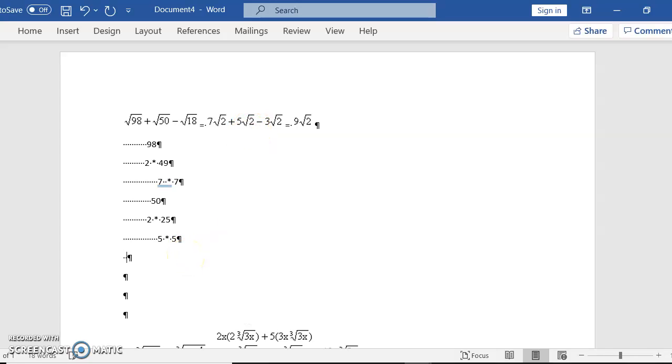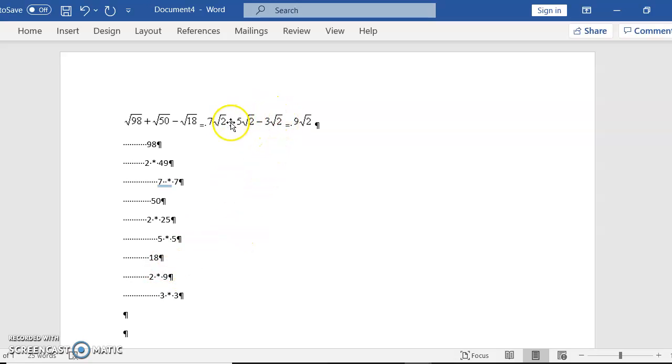Let's look at the next one. The next one is 18. Okay, so that is 2 times 9. And then I have 3 times 3. Okay, so I have the square root of 9, which is 3. I have that right here. And I can't do anything with the 2.